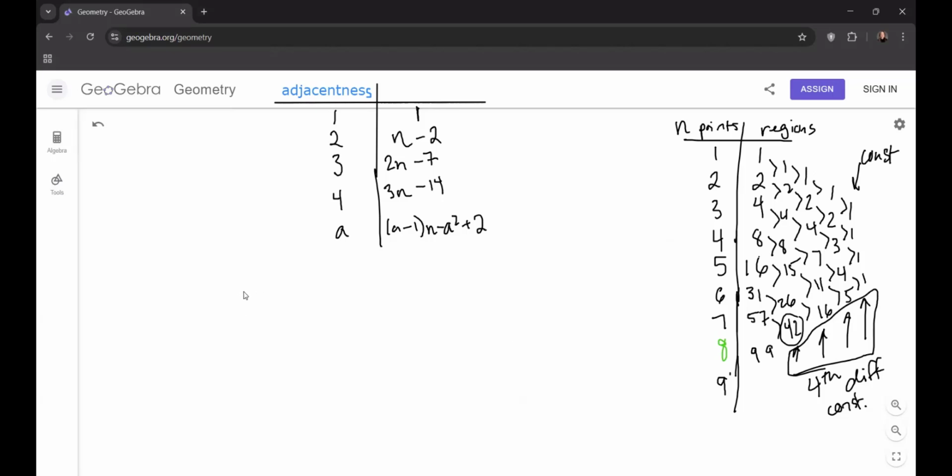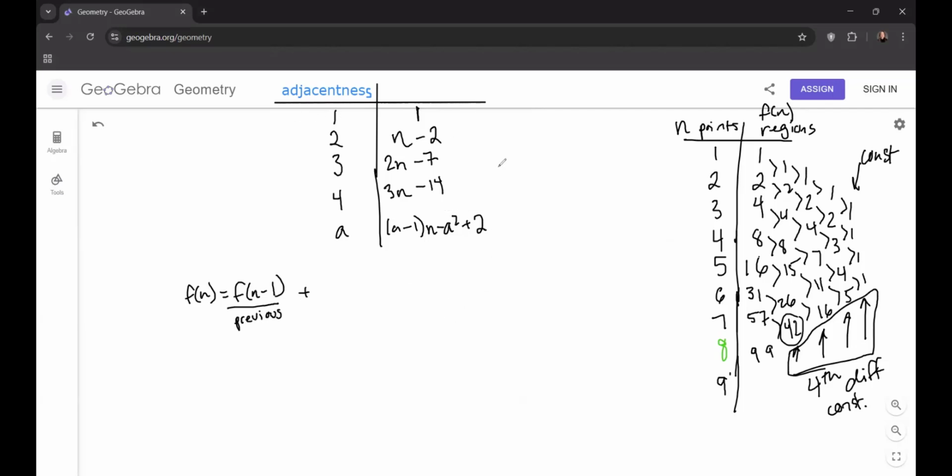So the number of regions, we're going to call that f of n. The number of regions f of n is equal to the previous number of regions plus something. How can we describe what we're adding every time? Well, what I'm adding every time is these formulas, which depend on the adjacentness of our points.